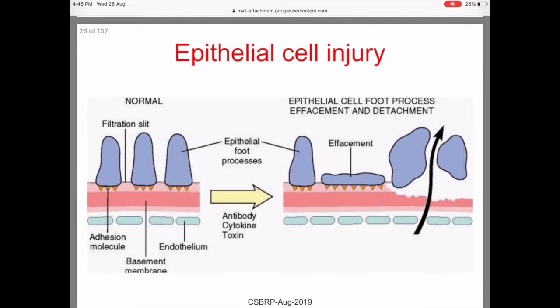So this is the normal foot processes, and here on the right side you may see the effacement of foot process where they lost their structure, and next to it, adjacent to that, there is what we call detachment of foot process, which alters the filtration bed.